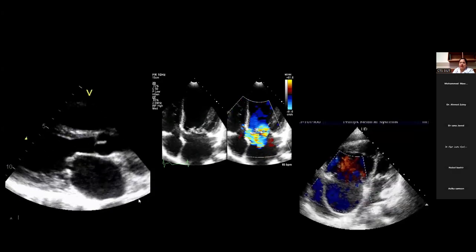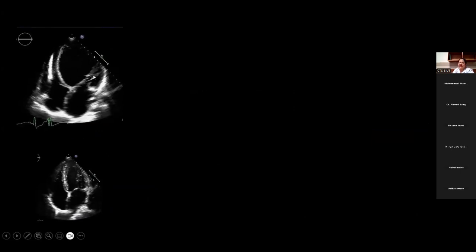If you know how the normal LV contractility is, then you can easily identify that this LV is not contracting well.